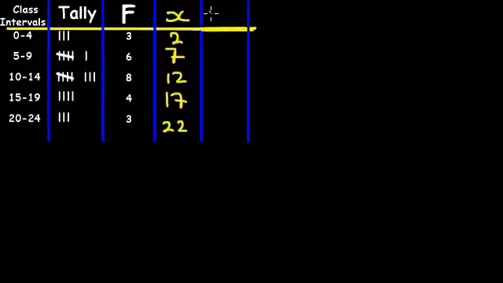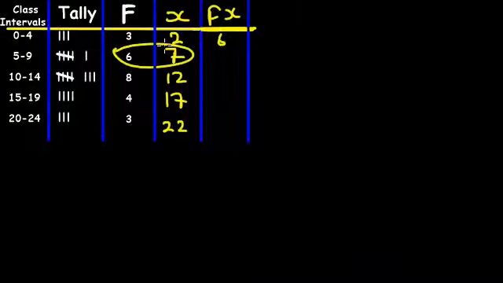Now to find fx, or the frequency times the mark. As you can see, 2 repeats itself 3 times. For all other marks, they have the number of times they repeat themselves, so we have to multiply them to have their fx. So 3 times 2 gives us 6.